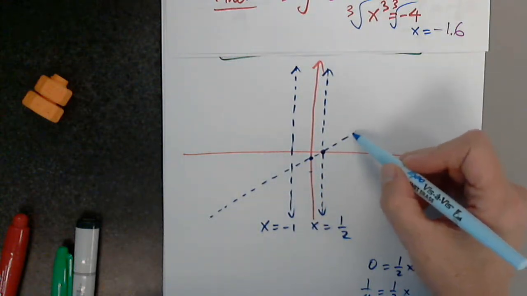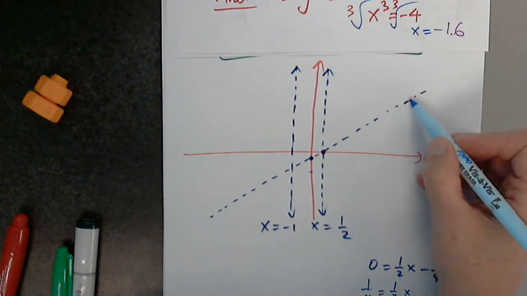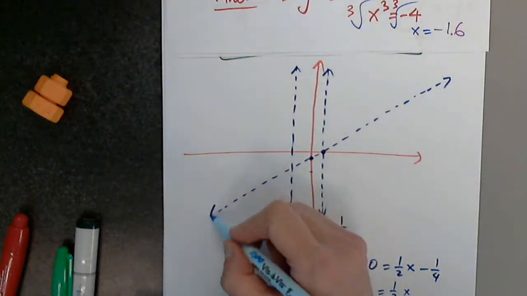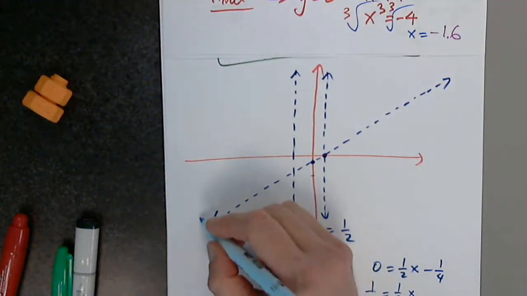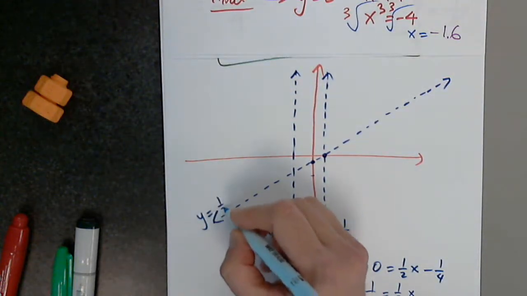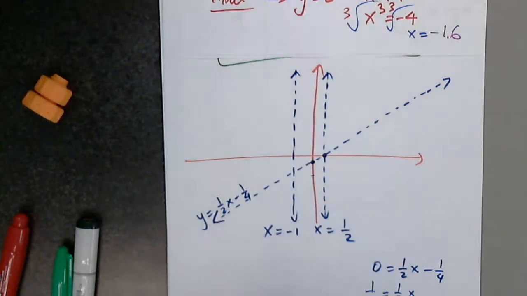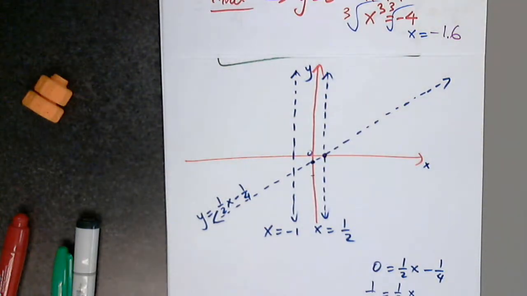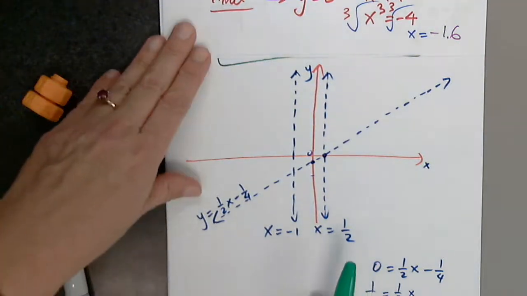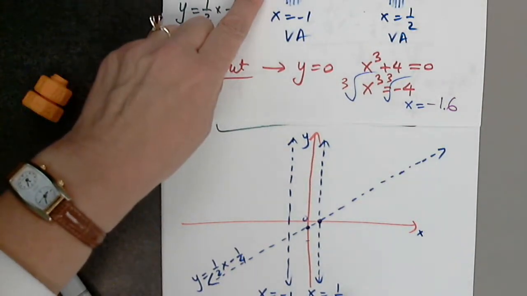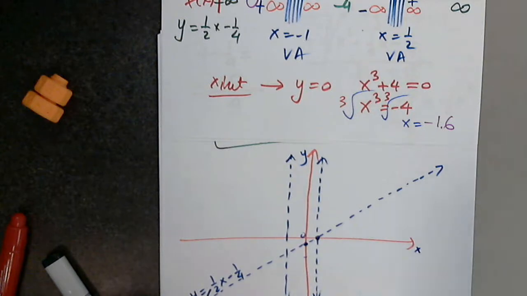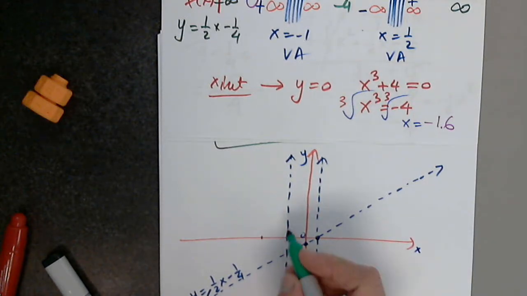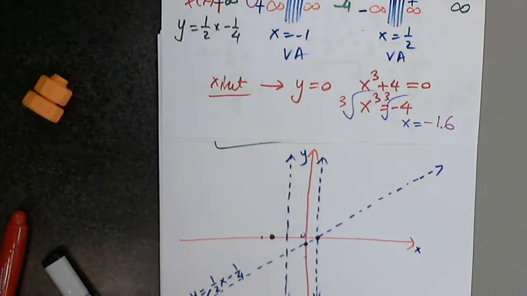These are not part of the graph. They cannot be solid lines. I have to write what I graphed. I graphed y equals 1/2 x minus 1/4. Okay, now I'm ready to read my chart. Ready? Okay. I do have a negative 1.60. So if this is 1 and this is 2, negative 1.6 is here.